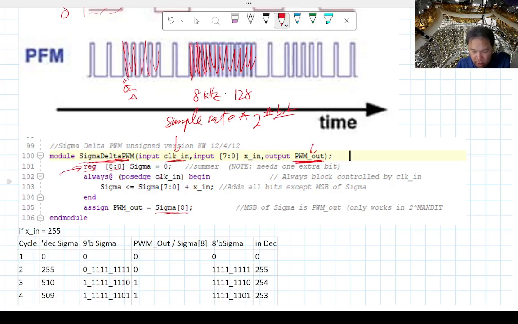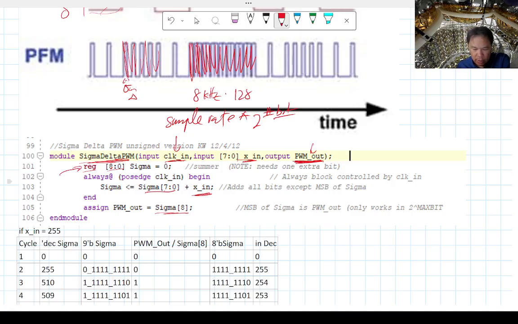So at every clock impulse, what happens is that I'm going to change the lowest 8 bits. You notice that this is the 9th bit, and this is actually starting at the 8th bit. What I'm going to do is add whatever my input is into it. If the input is 0, then you're adding nothing to it.